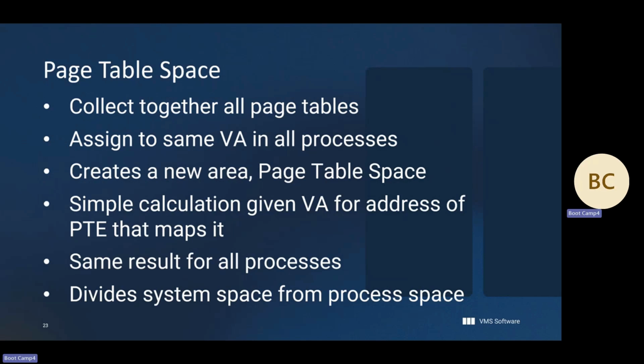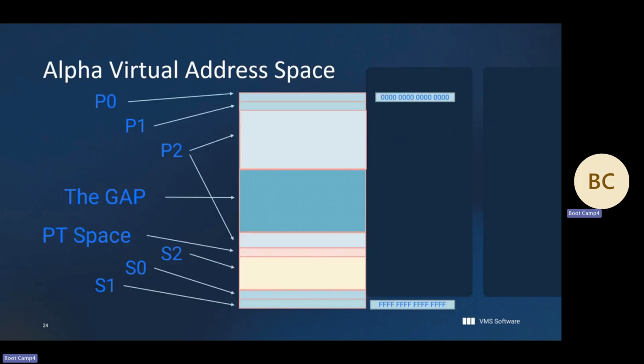Now, what happened with the Alpha was we used page table space to divide system space from process space. So this is a corrected version of the Alpha virtual address space. P0, P1, P2, the gap are the same, but there's this area here that is also part of P2 space. Then comes page table space, which is wherever the system designers put it.